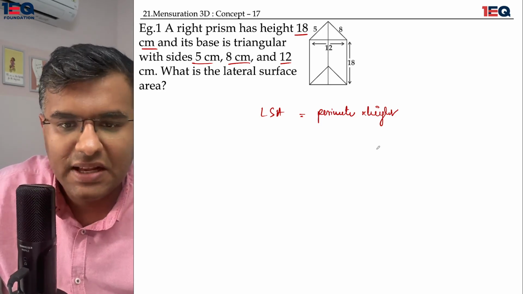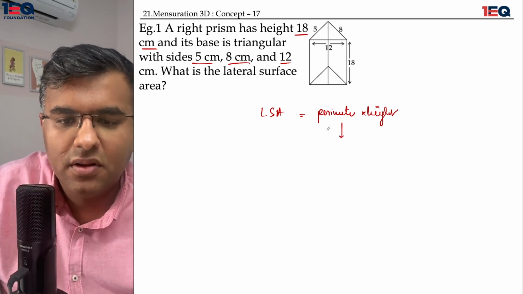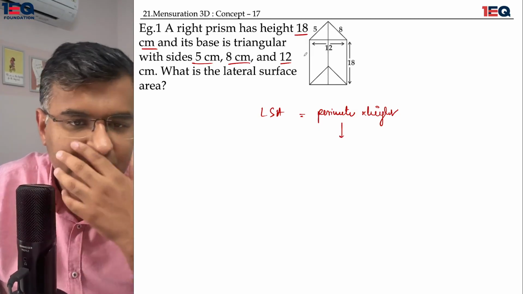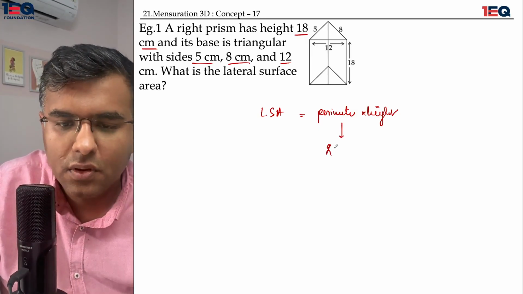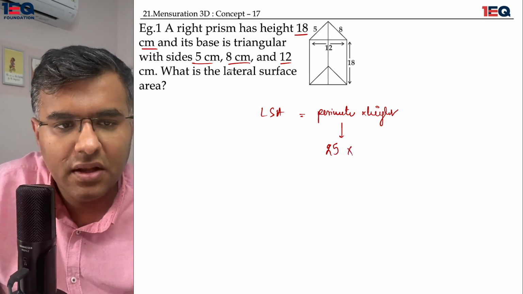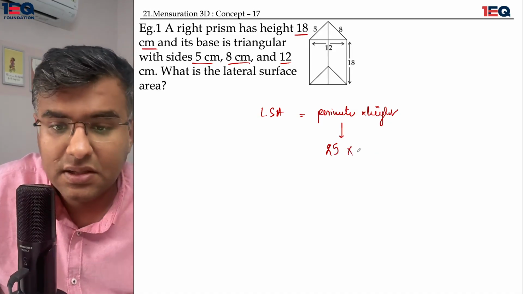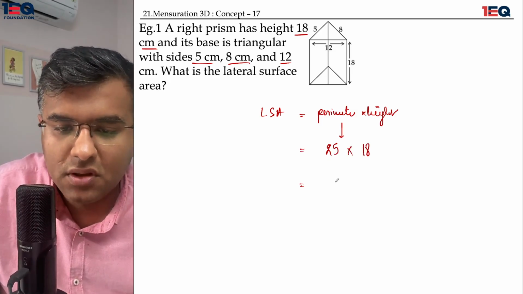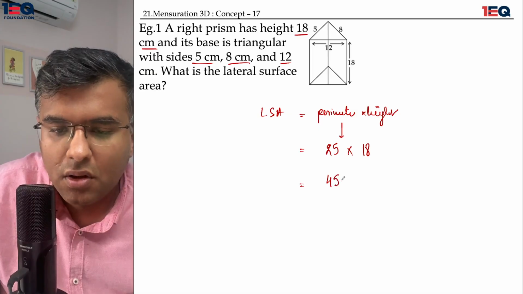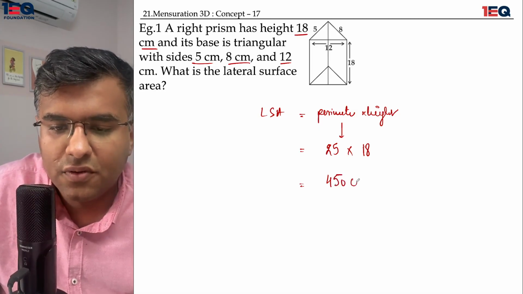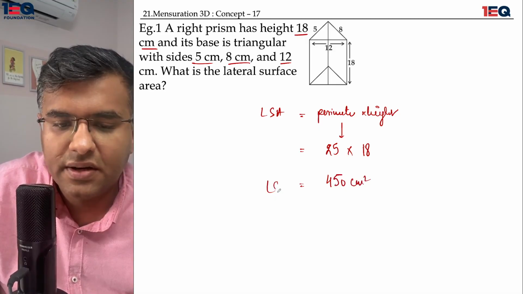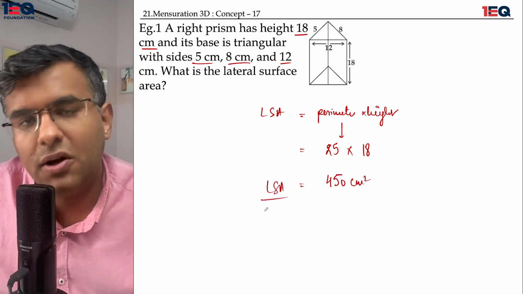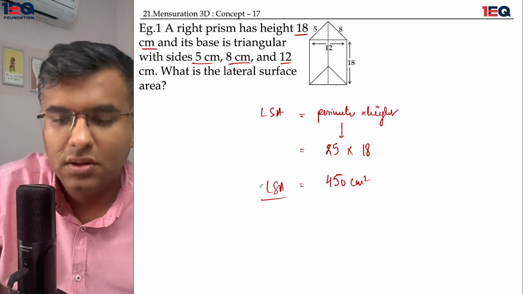The perimeter is 5 plus 8 plus 12, which is equal to 25. The height has already been given as 18. So this would come out as 450. So 450 centimeter square is the lateral surface area that we've been talking about. Right? Let's go ahead.